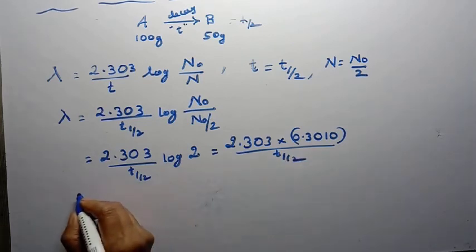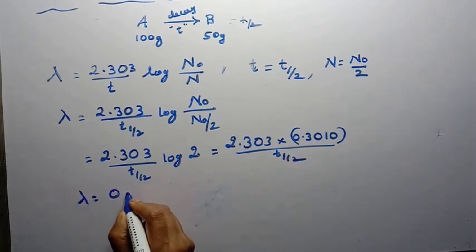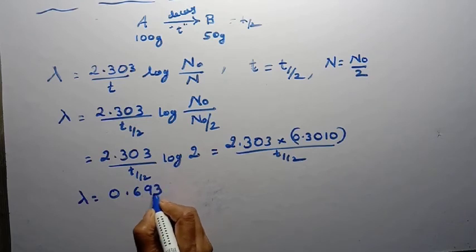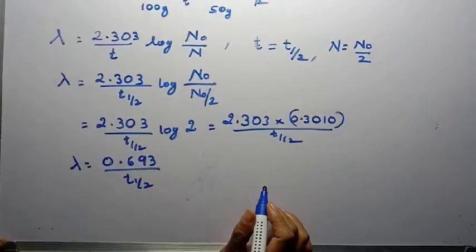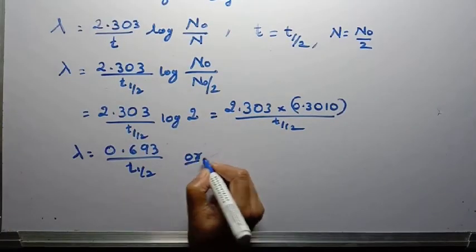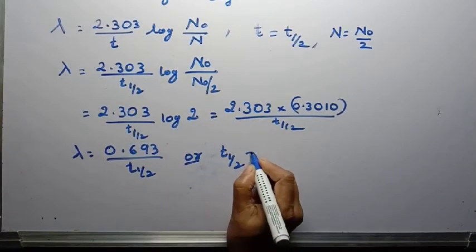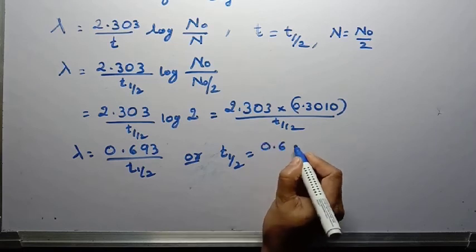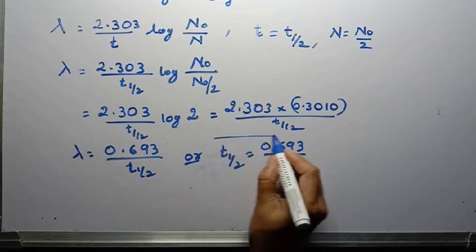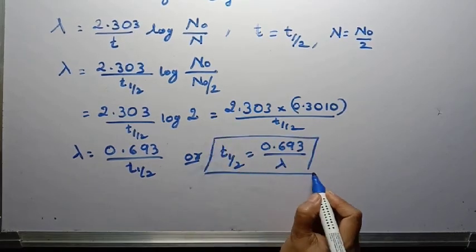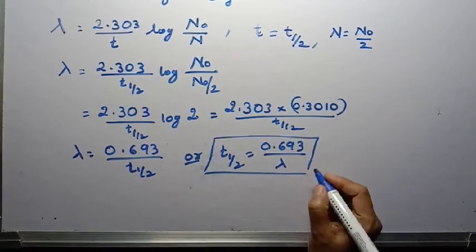So lambda is equal to 0.693 by T half, or T half is equal to 0.693 by lambda. This will be the expression for the half-life period of a radioactive element.